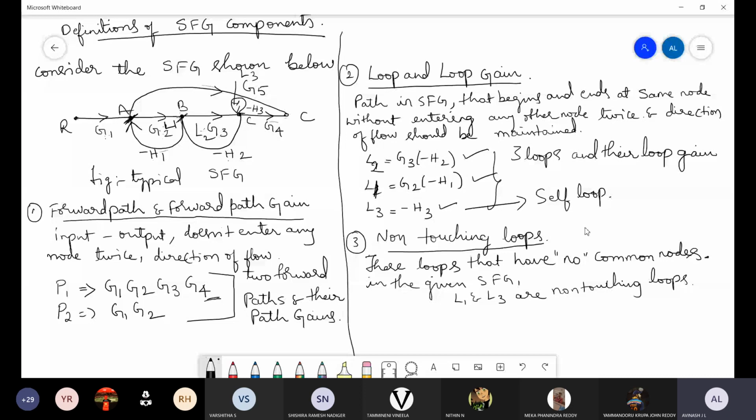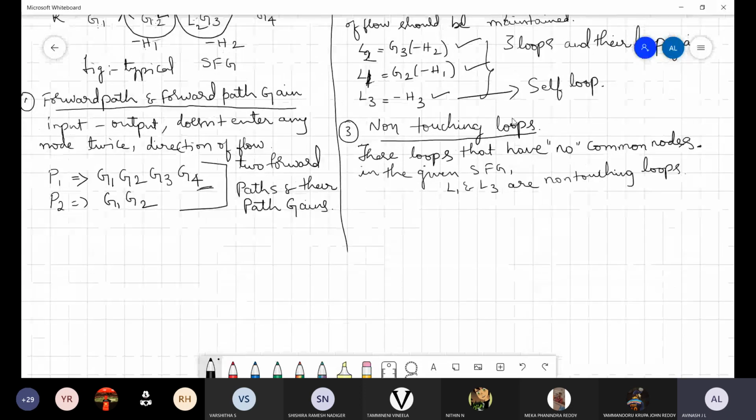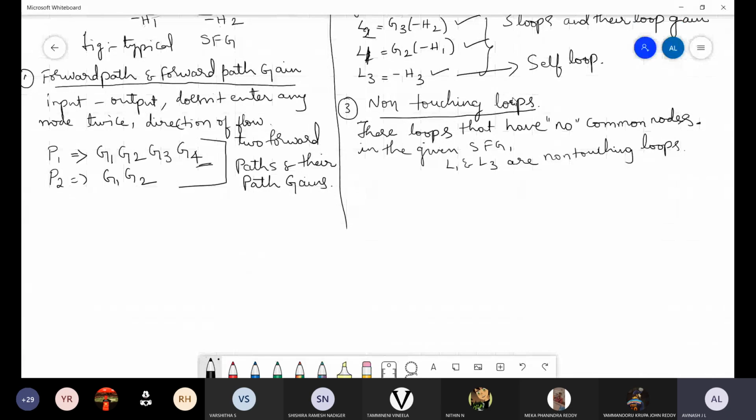Okay. So next, the fourth and fifth definitions. The fourth definition is input node. Input node is also called source node.